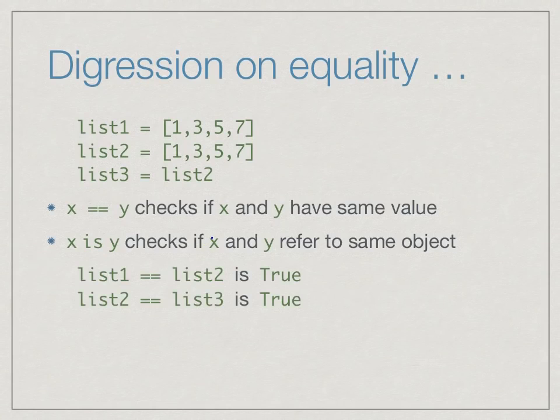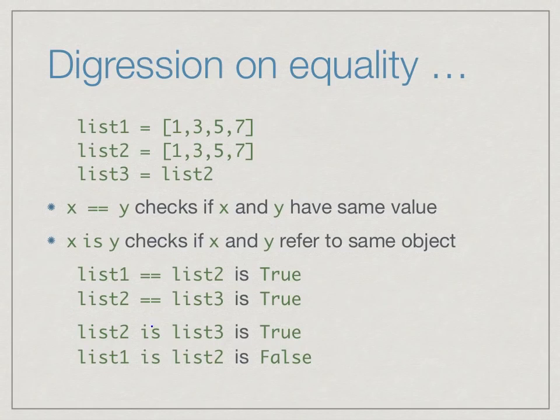So going by this description of the way == and is work, obviously if list2 and list3 are the same object, they must always be equal. So if x is y, then x will always be equal to y because they are actually pointing to the same thing. But in this case, although list1 and list2 are possibly different lists, they are still equal because the value is the same.